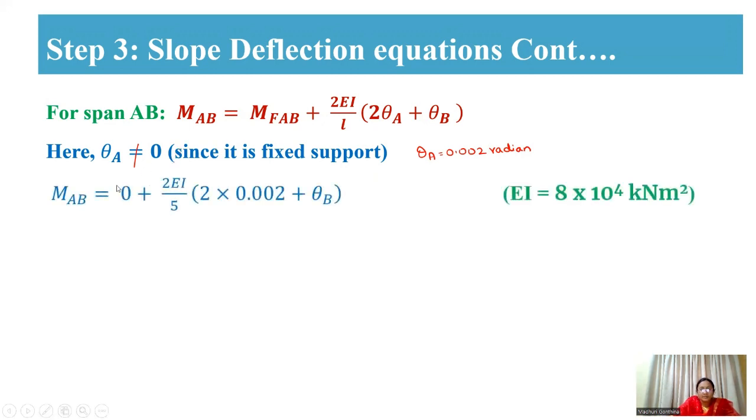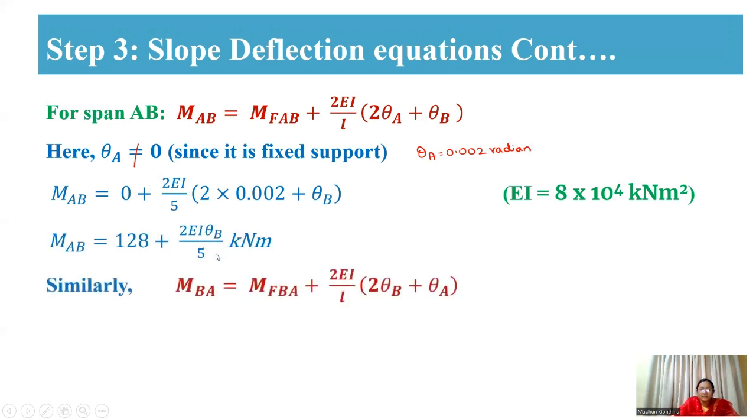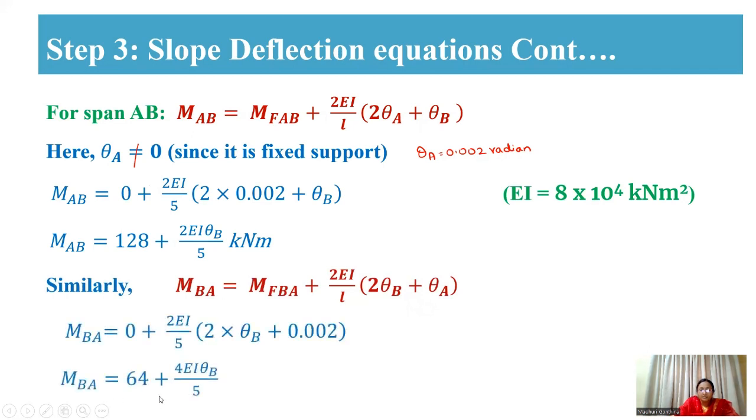Then MAB, by substituting this entire thing, since there is no fixed end moment, it is 0. By substituting, you are getting MAB equal to 128 plus 2EI into theta B by 5. Similarly, MBA you are getting in the same manner. So this is the MBA equation.